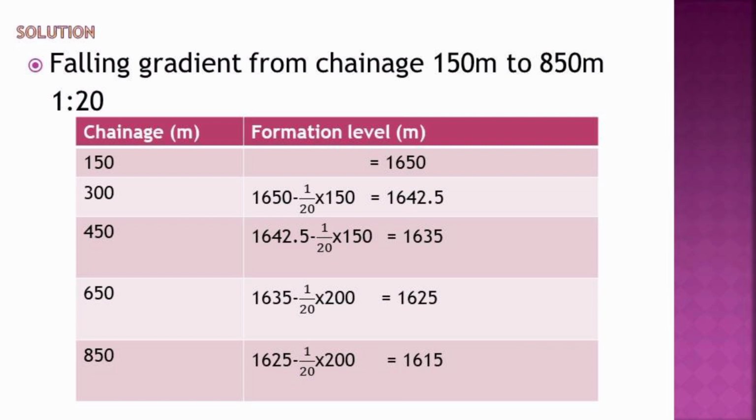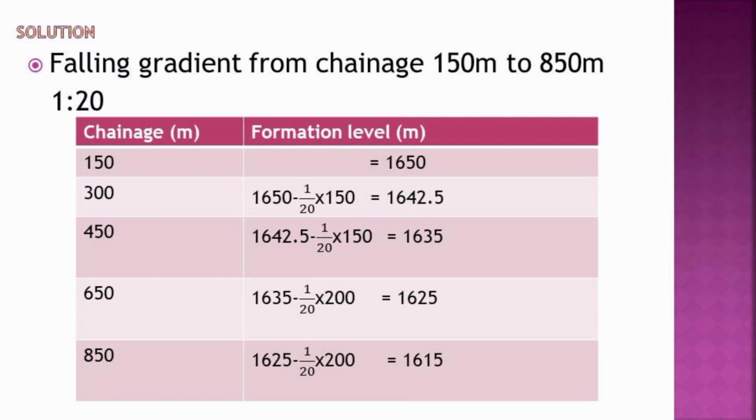I came up with a simple solution because I think that we had some freedom. I'm not sure that is a freedom or that was really the thing that they needed you to calculate, but I calculated all my areas, then later did my volumes. First of all, from the falling gradient from chainage 150 meters to 850 meters, we were given a ratio of 1 to 20.